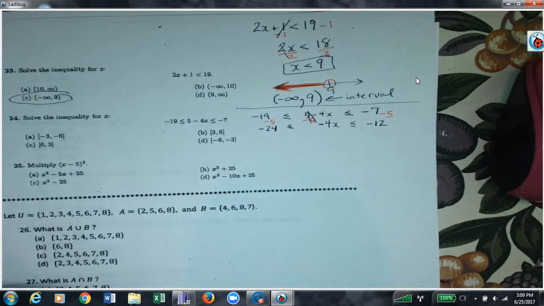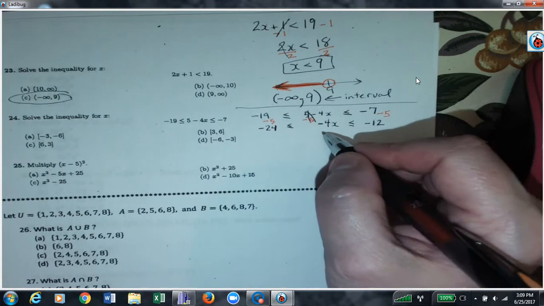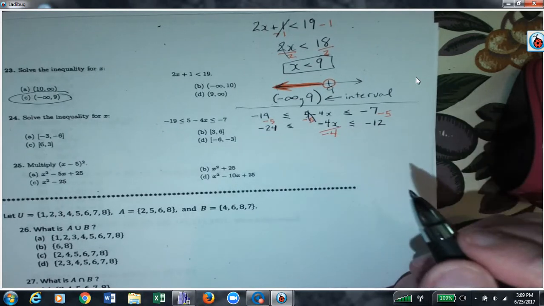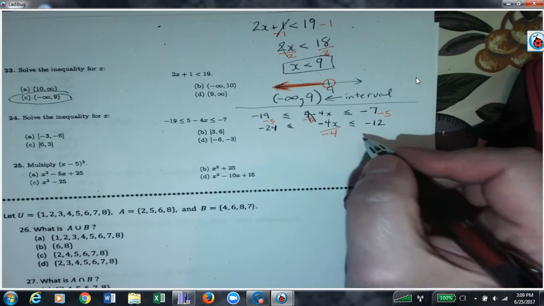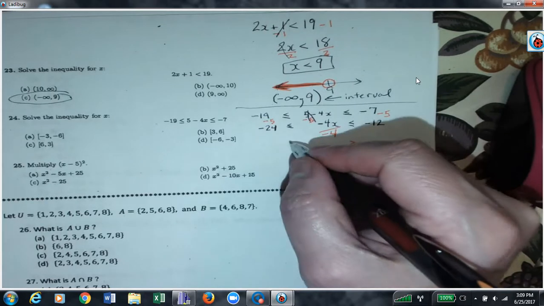Now I want to get x by itself in the middle, so I'm going to divide by negative 4. But here is where we must be so careful. When you divide by anything negative, it changes the direction of the arrows.